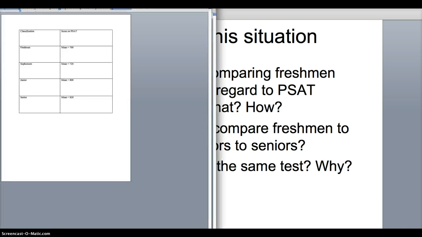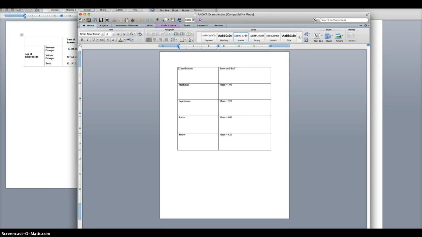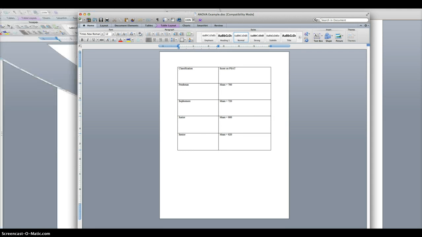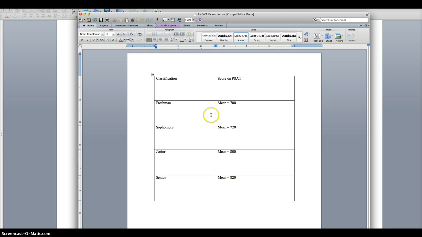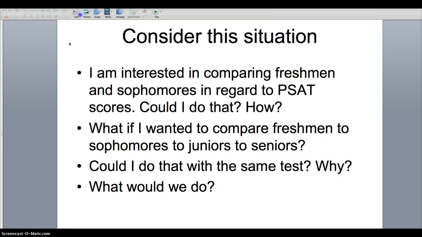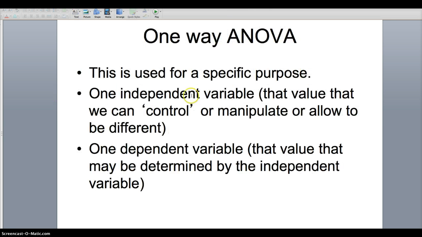So we have another test called an ANOVA. An ANOVA is used for a specific purpose. So for example, let's say I've got freshmen, sophomores, juniors, and seniors, and I want to know if there's a significant difference somewhere in these groups. One-way ANOVA is used with one independent variable, and that's the variable that we can control or manipulate or allow to be different.